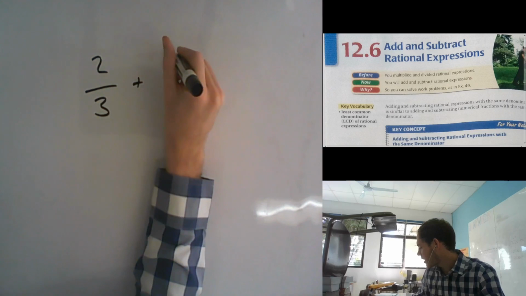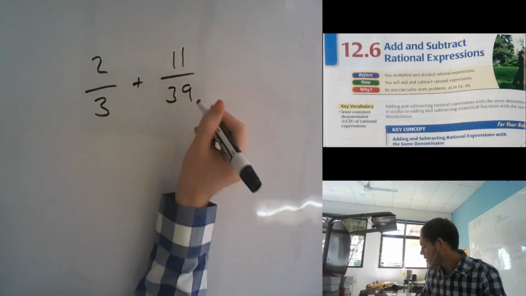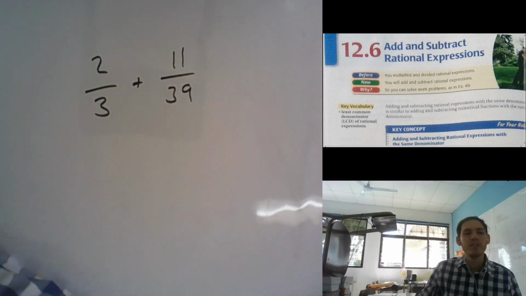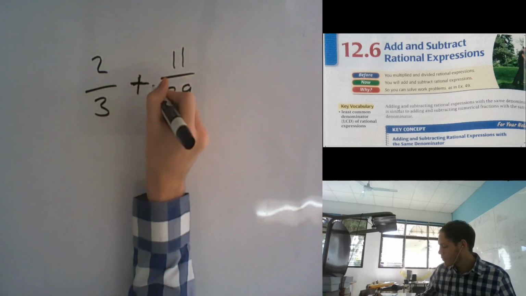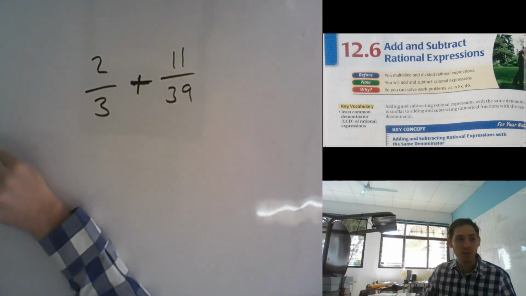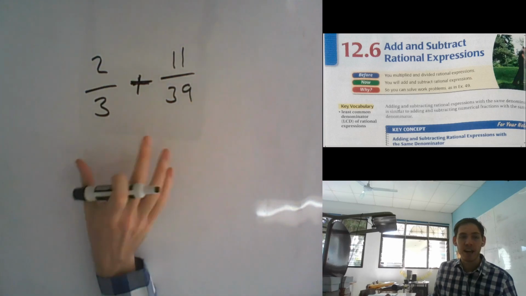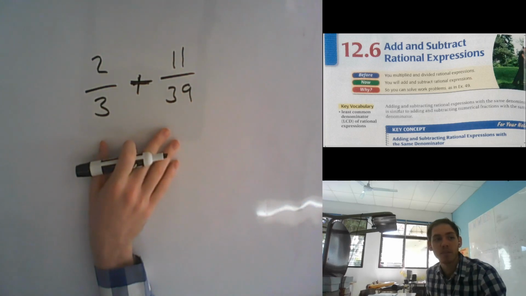So let's say we had these two fractions right here. Now, how would you know how to add them or subtract them? So if we were just adding or subtracting, what would we do? Well, we need to get the same denominator. Okay, we can't add them unless they have the same denominator. So how do we get the same denominator?